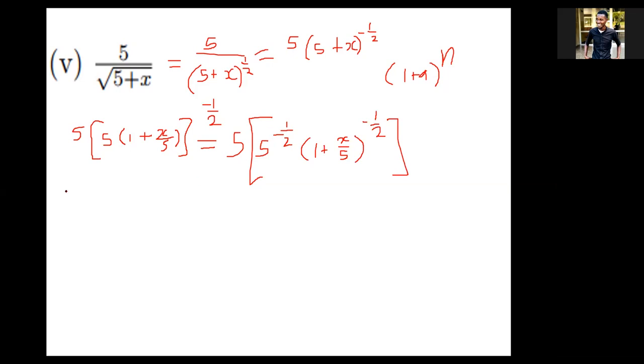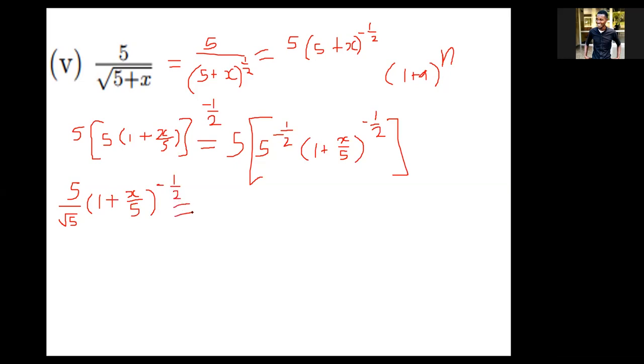So this is just the same as 5 over the root of 5. When you simplify it, then open brackets, 1 plus x over 5, then everything raised to power negative half.